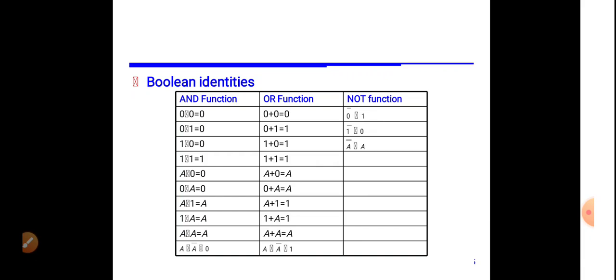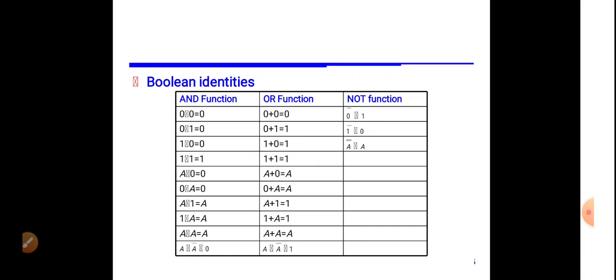The important thing we need to remember is a dot a. How can we say that a dot a is a? Here we are not dealing with any actual mathematical thing. We don't assume a dot a is a square. We are not dealing with squares, cubes or other such things.